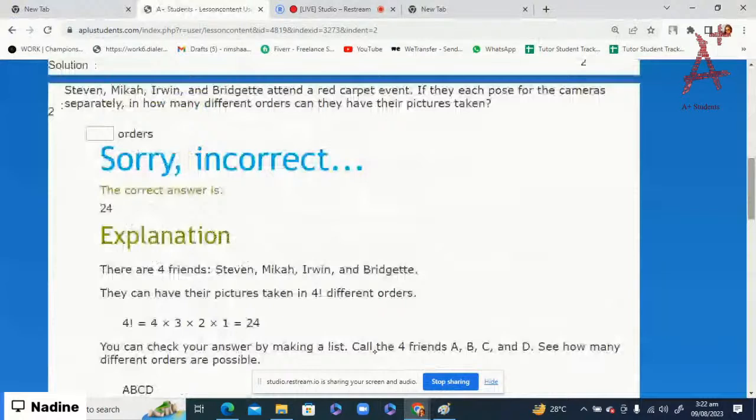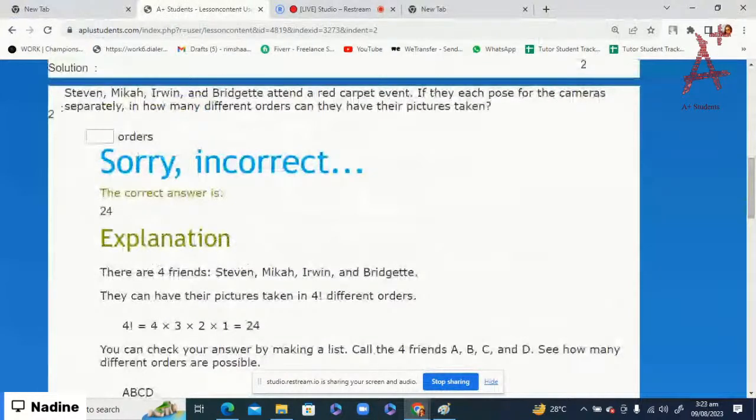So here Steven, Mecca, Aaron, and the Brigade attend a red carpet event. Steven is 1, Mecca 2, Aaron 3, and the Brigade 4. Basically these four attend a red carpet event.